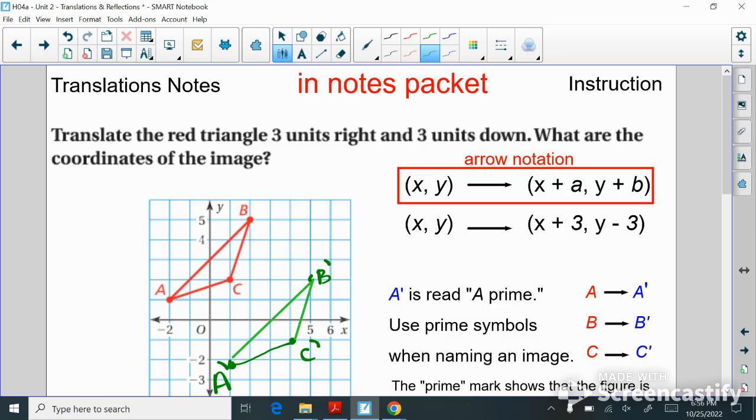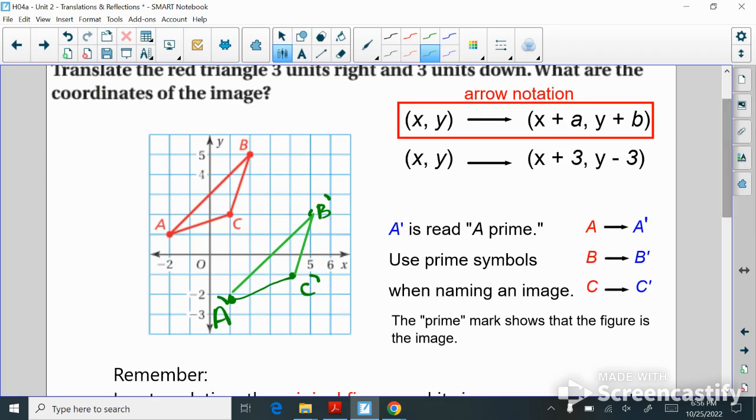Another way you might see these problems is in this arrow notation. So the arrow notation is another way of telling you what to do to the shape. So it's important that anytime you see a plus sign, you're either going up or to the right.